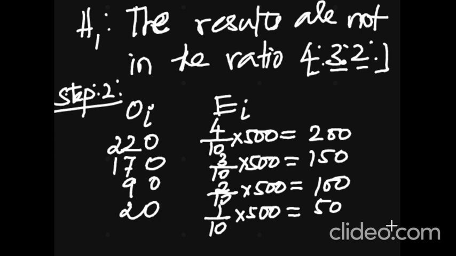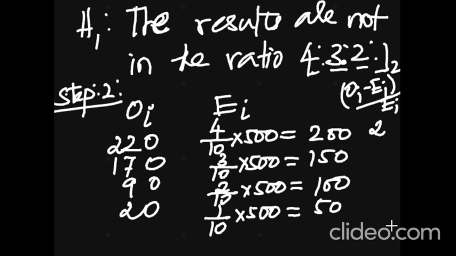Next, you know very well, it is Oi minus Ei, the whole square, divided by Ei. So you will have 220 minus 200, Oi minus Ei, which is 20, the whole square, 20 square, divided by the expected frequency, which is 200. So you will get 2 here, right?